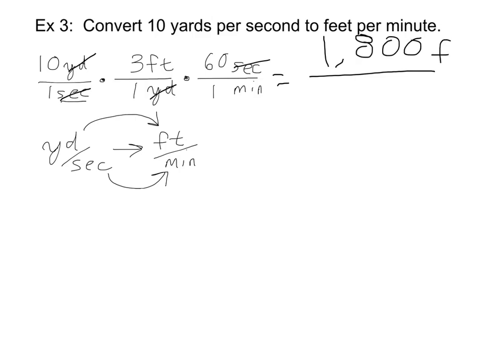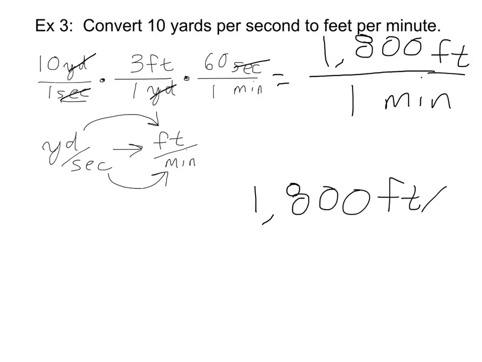And then we also got our feet up there. That's the only one that's left over. And then if we multiply our denominators, 1 times 1 times 1 is just going to be 1. And the only label that we have left over is going to be our minutes. Okay, so there we have it, 1,800 feet per minute. And that's exactly what we wanted.